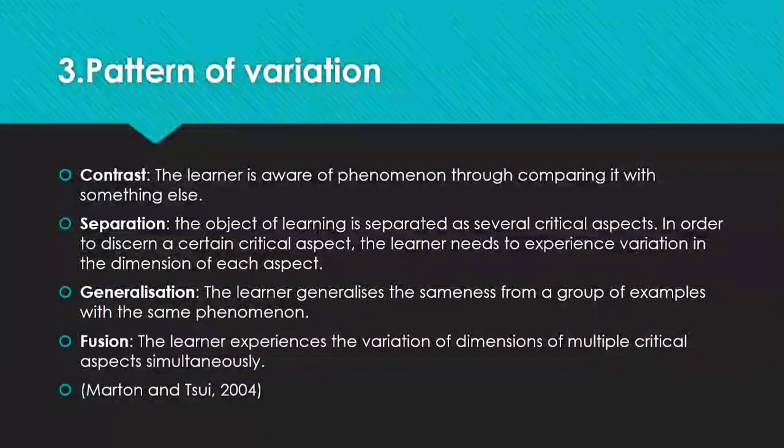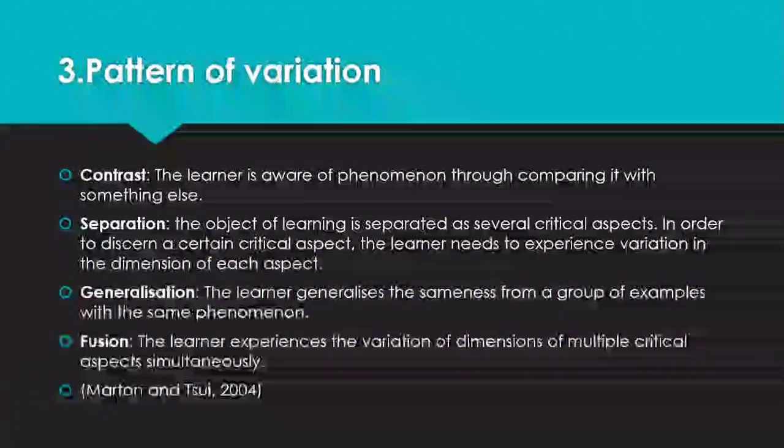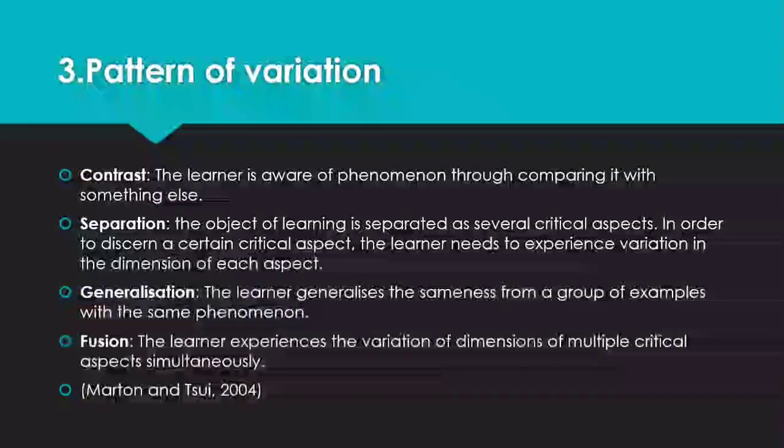So in this step, the two critical aspects, supply and consumption, will both be changed. And in this environment, the learner needs to say how the price goes. And that is the last step, fusion.